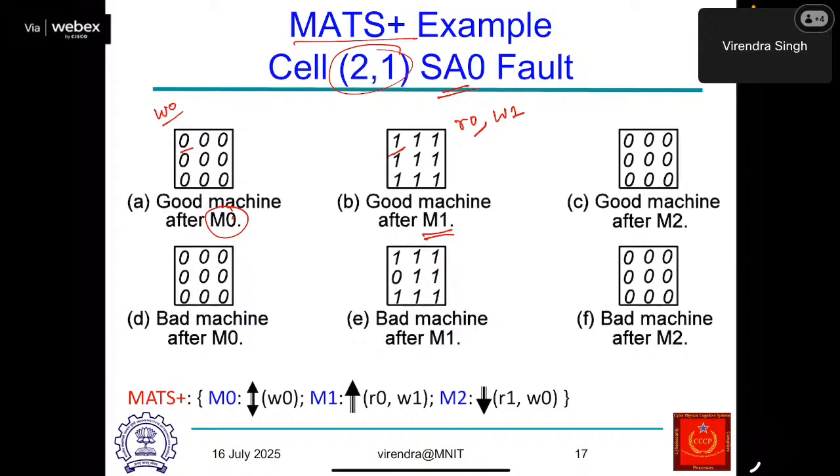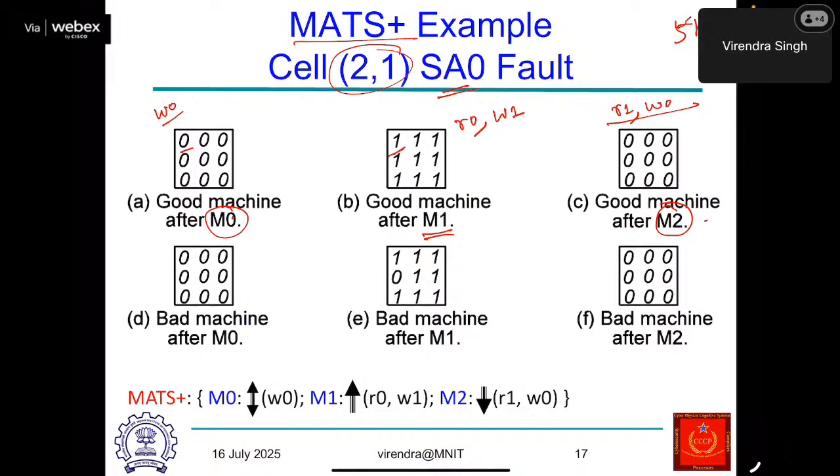Now you go to the third March M2, and then what you do is you read whether this contains 1 or not, and after that you are writing W0. That is the March Mats plus algorithm.